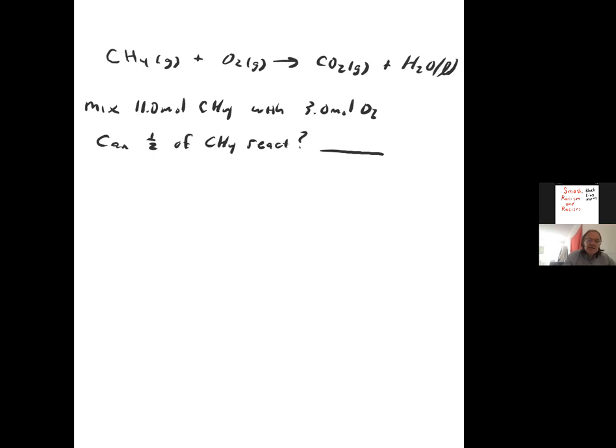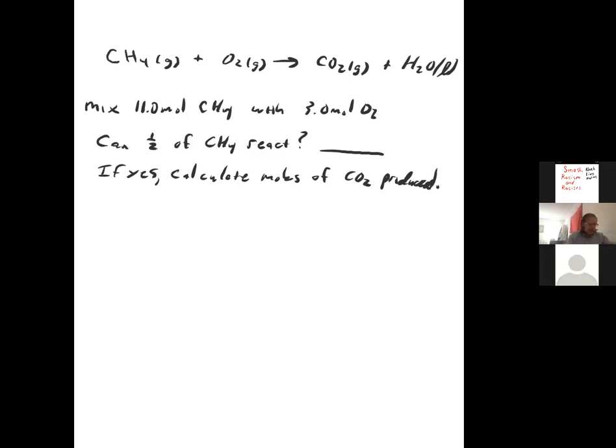Okay, and then the question says, if yes, calculate the moles of CO2 produced. Okay, pretty straightforward. Again, you can't do these problems unless the equation is balanced.